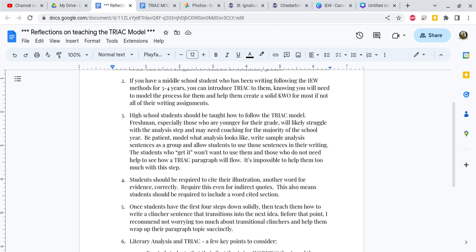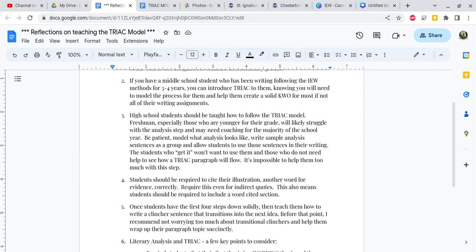As a class, you could write a sentence or two that show that analysis, and write it on the board for them. I personally would allow the students to write that down in their outline or in their rough draft, and they could use it as a part of their paragraph. The students who were ready for this step on their own never wanted to use the one we created as a class. But this really helped those struggling students.